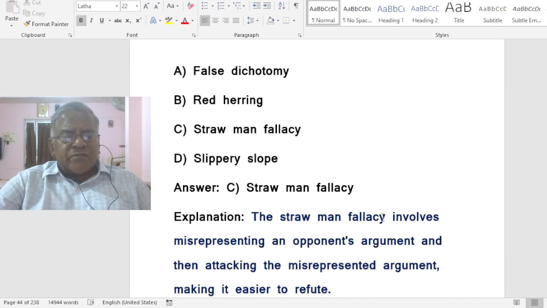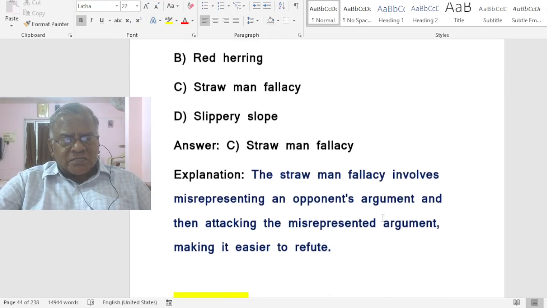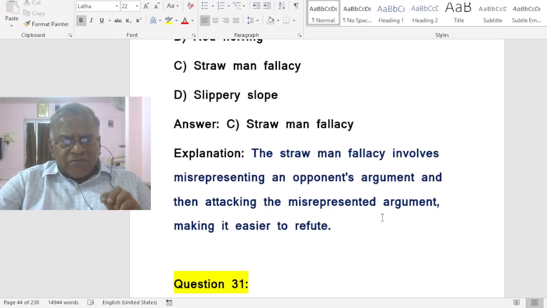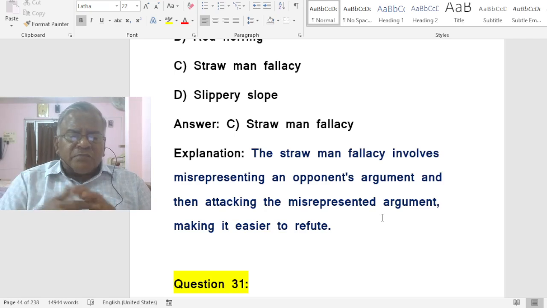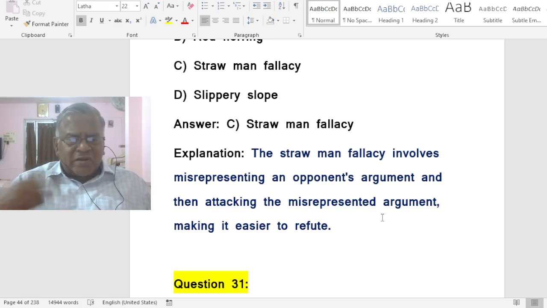This is a straw man fallacy. What does this mean? The straw man fallacy involves misrepresenting an opponent's argument and then attacking the misrepresented argument, making it easier to refute. So, deviating from the main point and then attacking another point. So, that is the idea here.